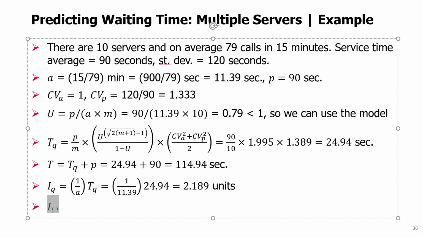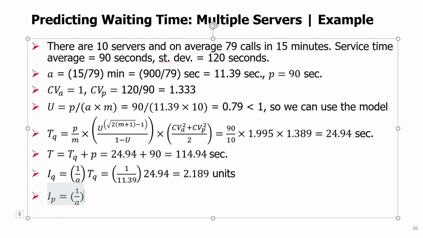IP, the number of customers being served on average, will be the same as before. 1 over A is the flow rate from Little's law, multiplied by the flow time, which is P. So again, it's the same value multiplied by the processing time 90, and that will give us 7.9. So on average, on the servers, we'll have 7.9 customers.